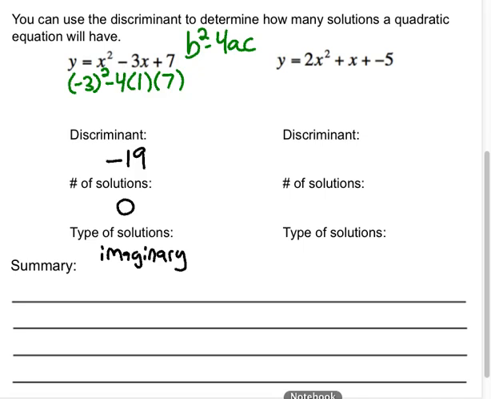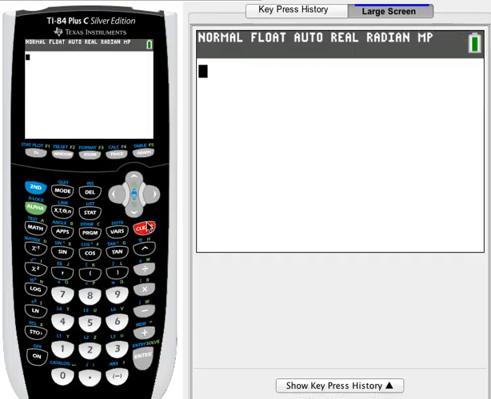This next one, so b squared minus 4 times a times c. The discriminant is a piece inside the square root. So let's type that into our calculator.